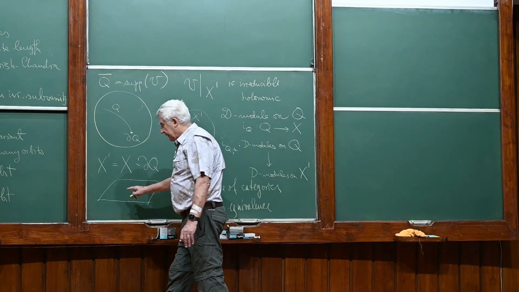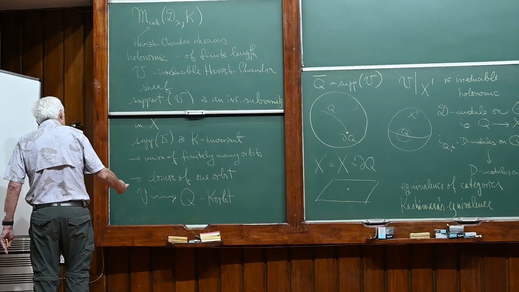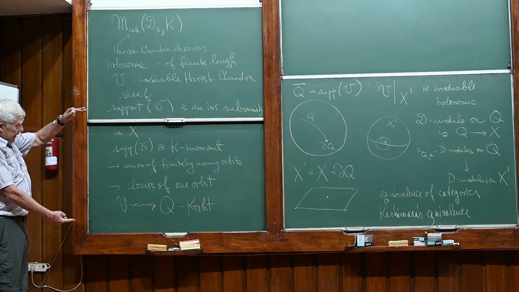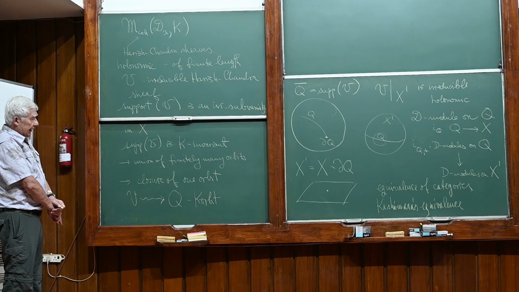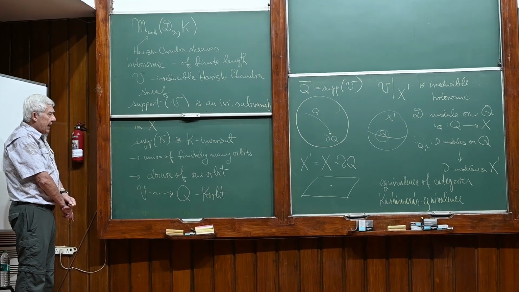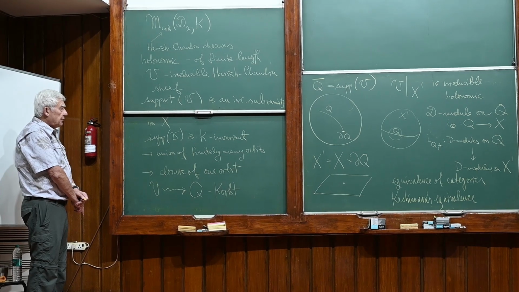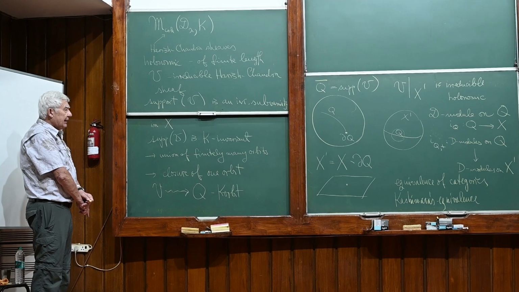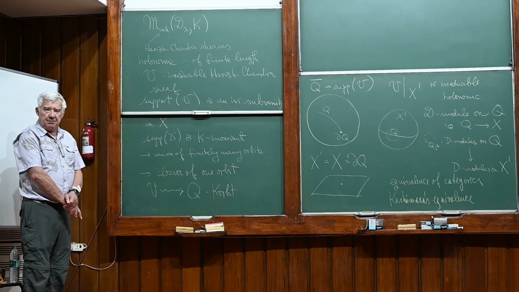For example, this delta distribution construction in the case of C constructs an irreducible D module supported at the origin in the complex plane, and the theorem says that the category of vector spaces is equivalent to the category of D modules with the support in this point.